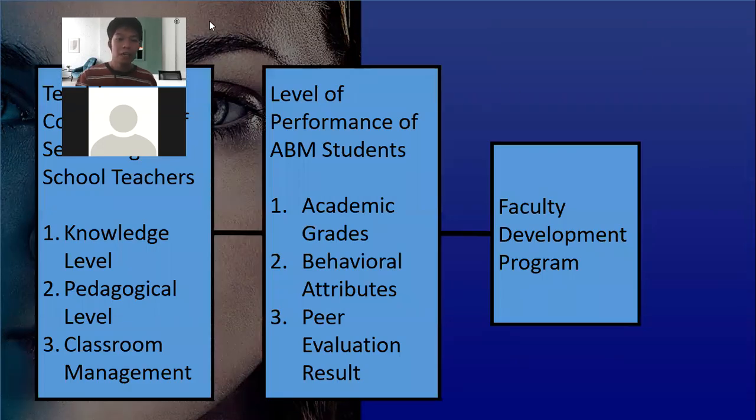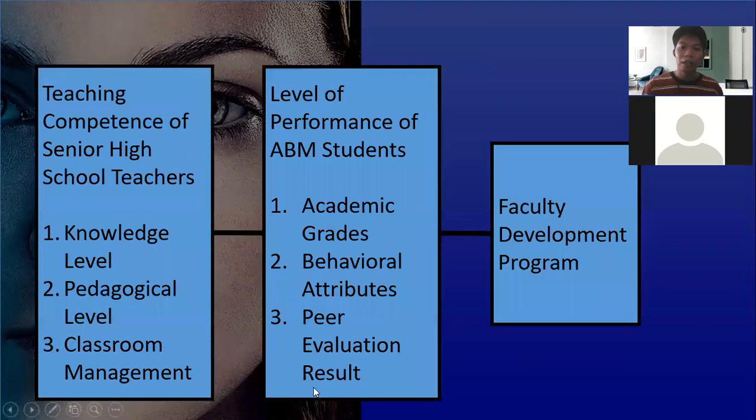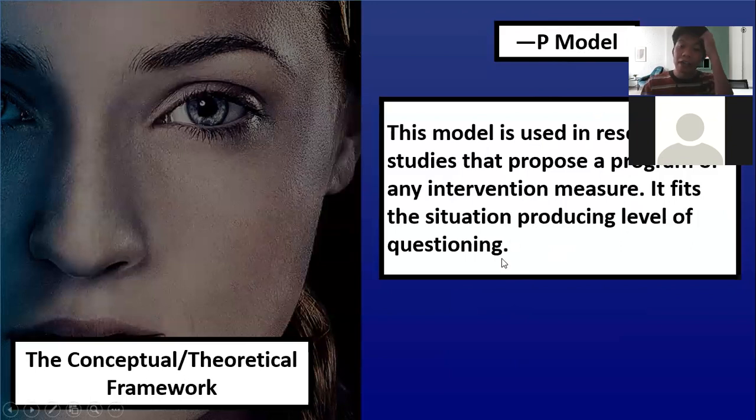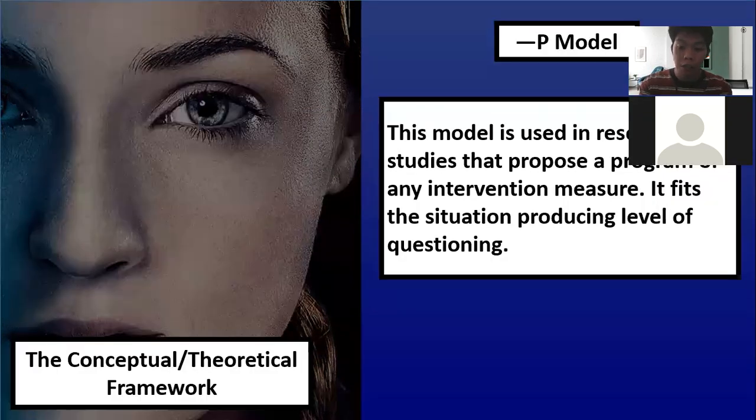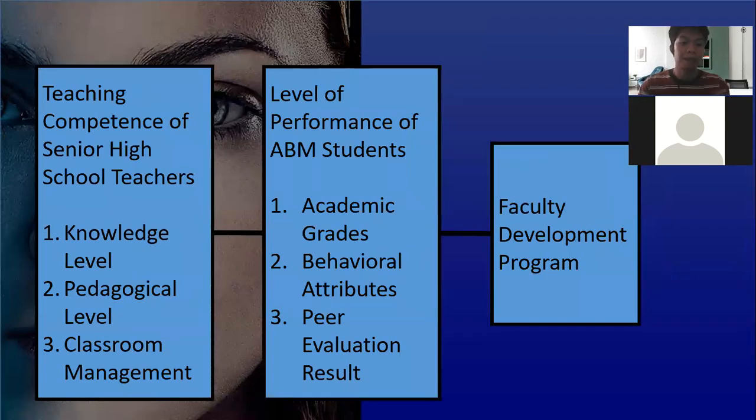Okay, halimbawa, if you want to implement a faculty development program, you need to undergo the process first. First is, halimbawa, itong sa predictor criterion, it can be progressed. It can be used in the P model. If the results of this specific study that you want to use for a program that you want to implement.